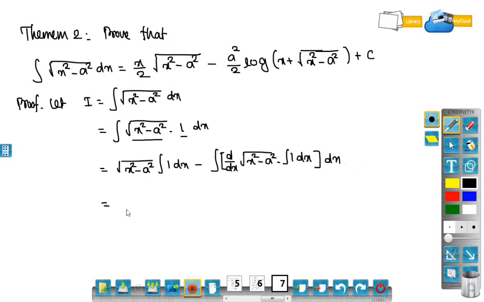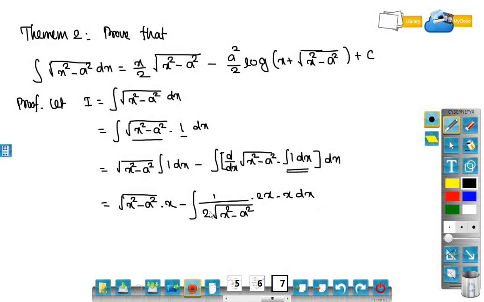That is equal to under root x square minus a square, the integral of 1 dx is x, minus the integral of the derivative of this, by chain rule, 1 upon 2 under root of x square minus a square into the derivative of x square minus a square, which is 2x, and the integral of 1 dx is x, and this dx as it is.